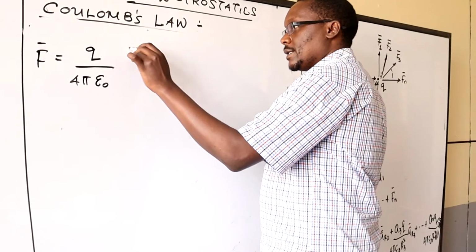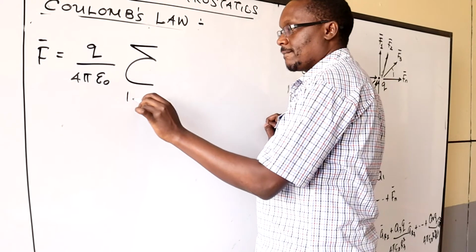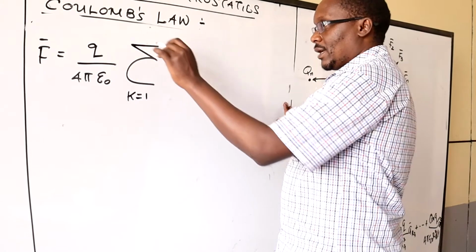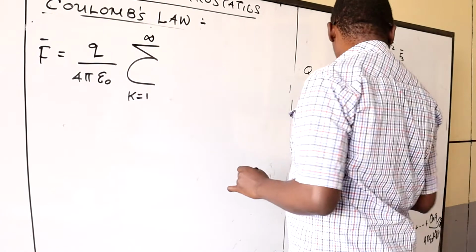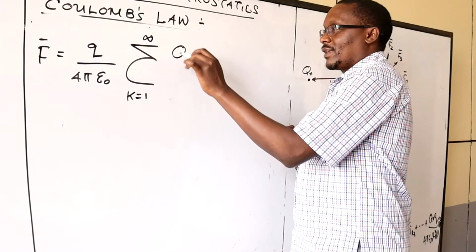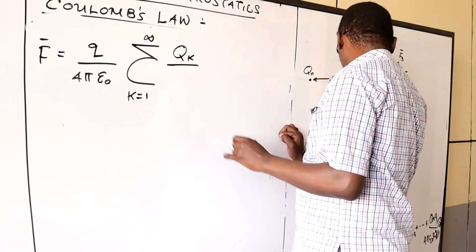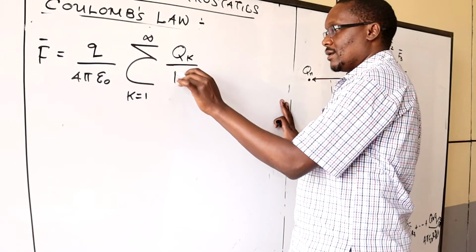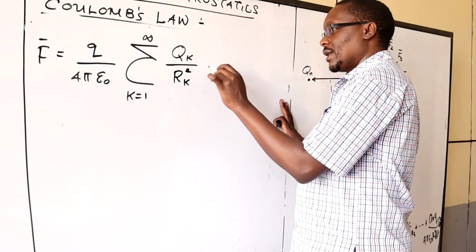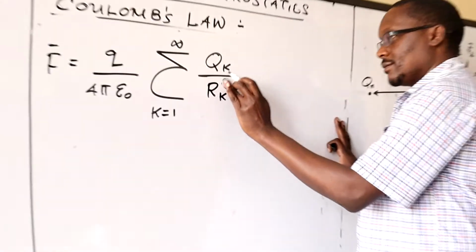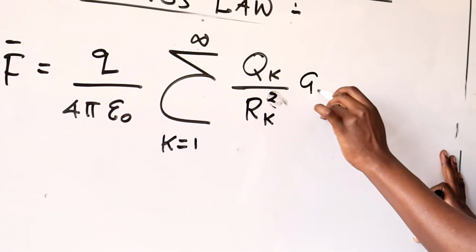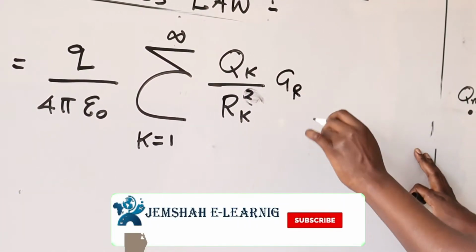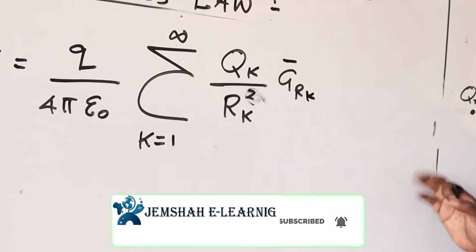Then the rest is just the summation from K equals 1 to infinity of QK all over RK squared A RK bar.